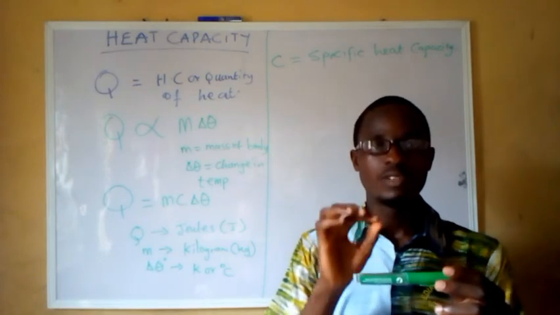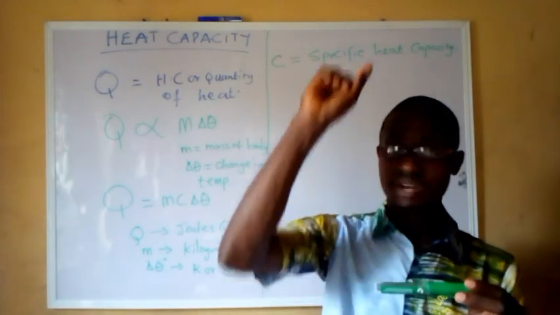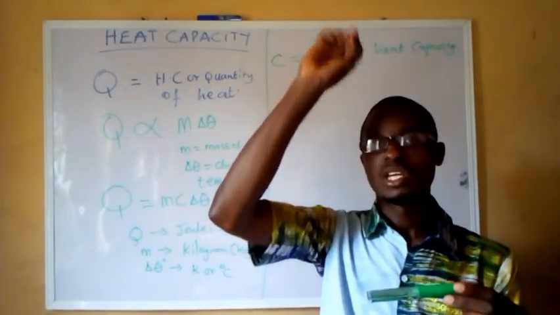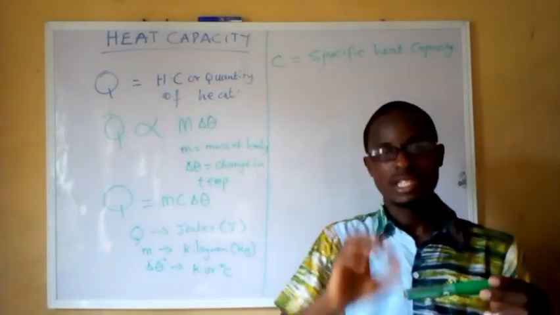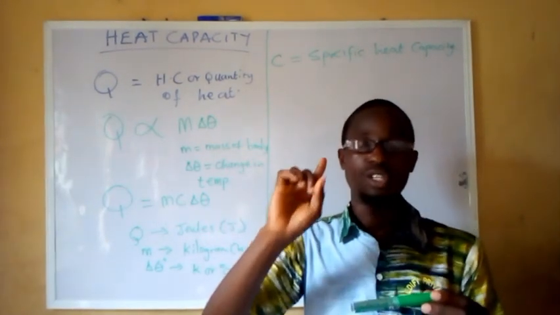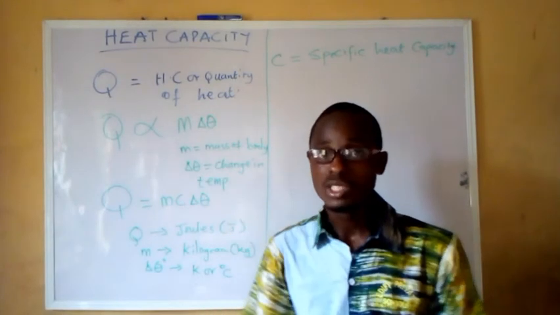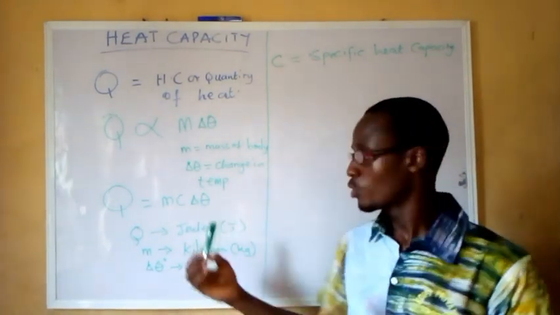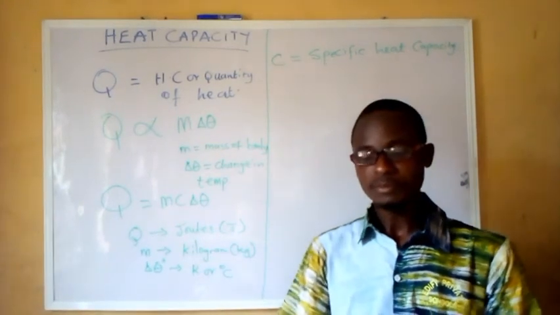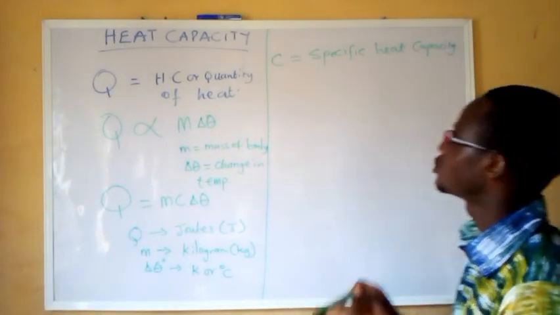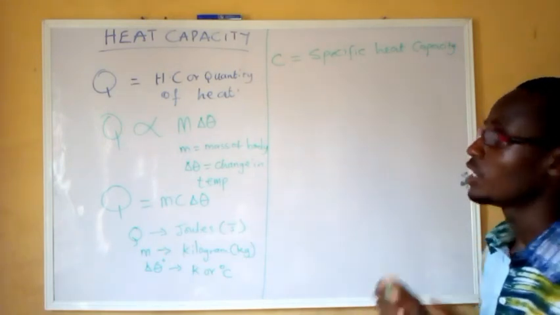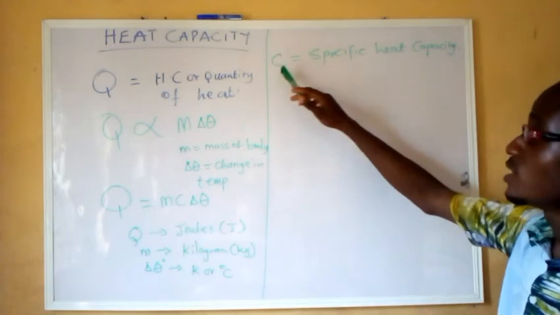What quantity of heat will be required to raise a unit mass, a unit out of the whole mass, by 1 Kelvin? We are talking about kilogram, because most of what we are going to be doing here, we are going to be making use of our SI units. So the quantity of heat required to raise a unit mass of the body by 1 Kelvin is our specific heat capacity, and it is denoted by C here.